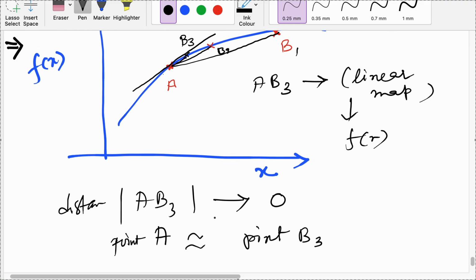That's why we say that the distance is 0. And from mathematics we know that a line which only touches a point is called the tangent of that curve.